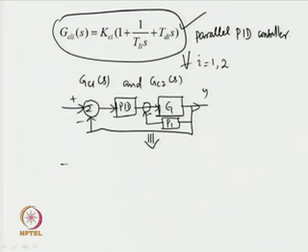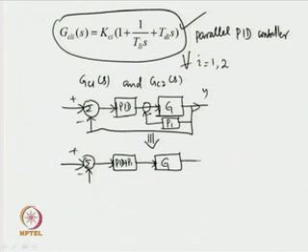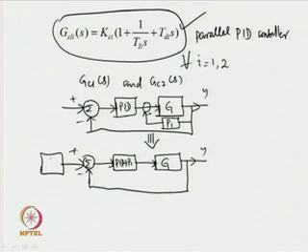Now, let me redraw the block diagram. That will appear as PID plus P1 in the feed forward path with the single input, single output process G, and now a pre-filter is to be added, given by PID upon PID plus P1, and we shall have the reference input over here.